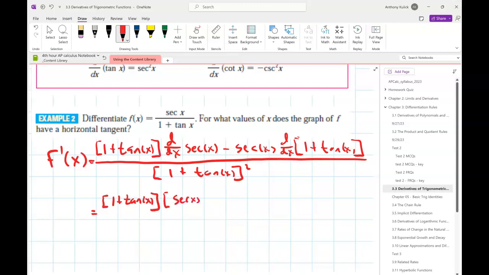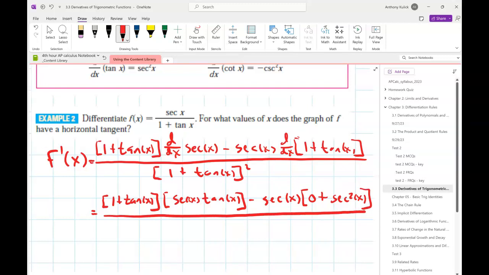Secant x times tan x. And the derivative of 1 plus tangent x is 0 plus secant squared x.